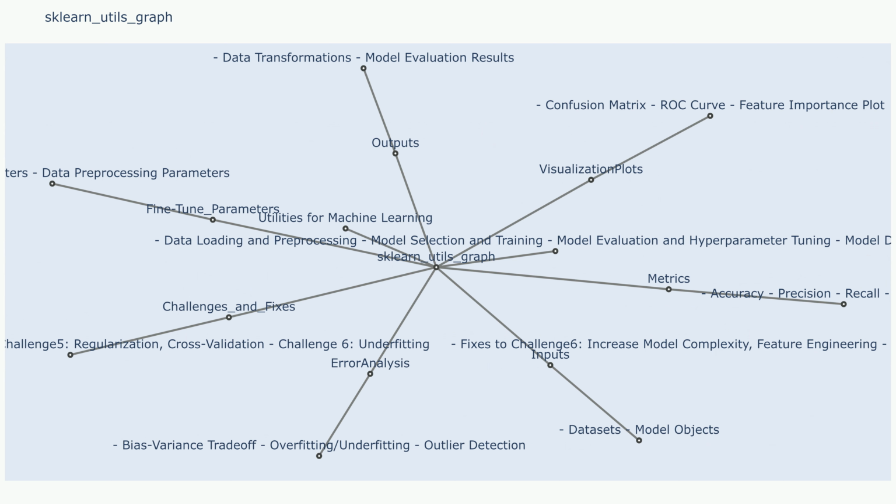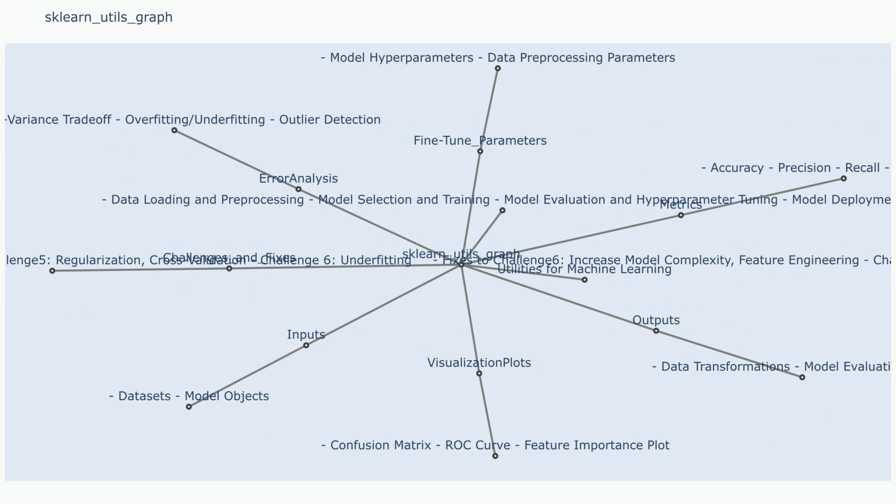Feature scaling: scaling features to a common range, e.g., 0 to 1 or -1 to 1 using techniques like standardization or normalization. Encoding categorical features: converting categorical features into numerical representations, using methods like one-hot encoding or ordinal encoding.